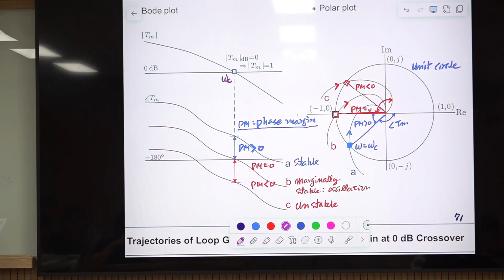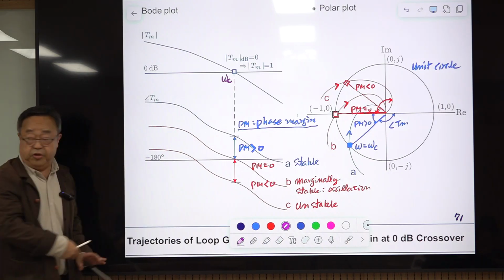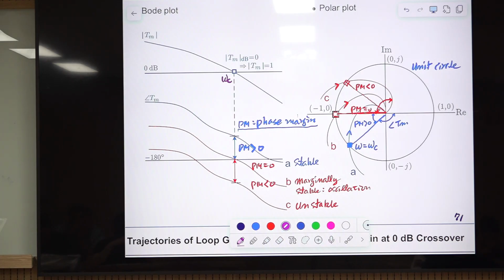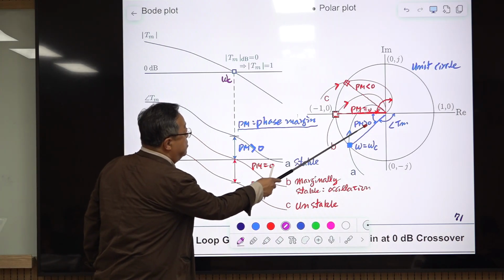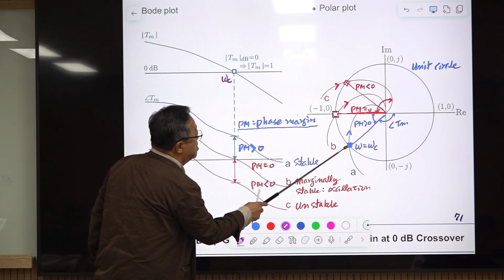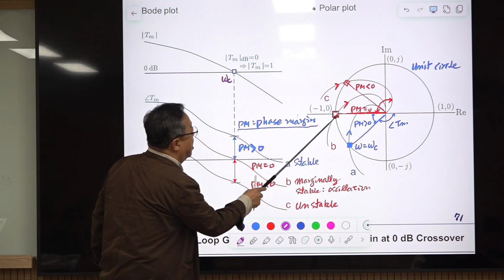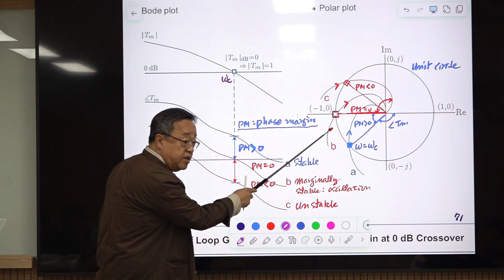Okay, so this is the trajectory. I copied the trajectory here. Let me say one thing. When the phase margin is positive, that means the phase is less negative than minus 180 degree.